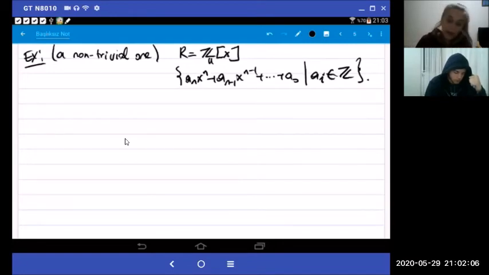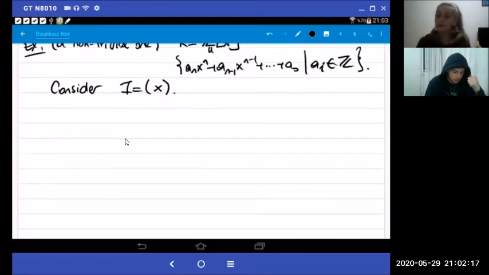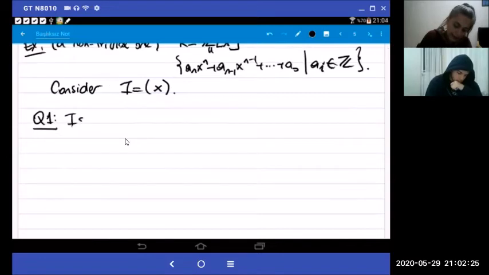Now, consider an ideal I, the ideal generated by x. Is it a prime ideal?